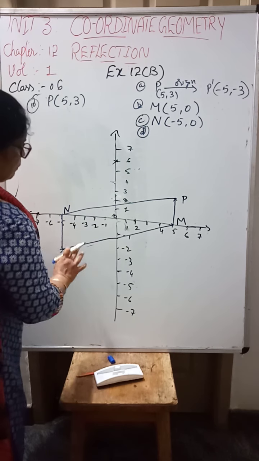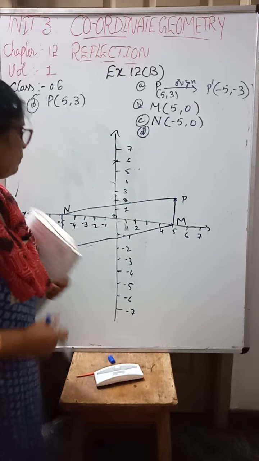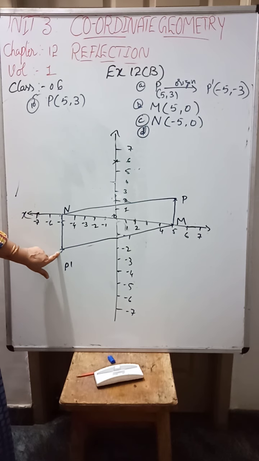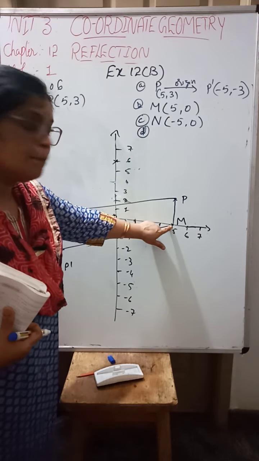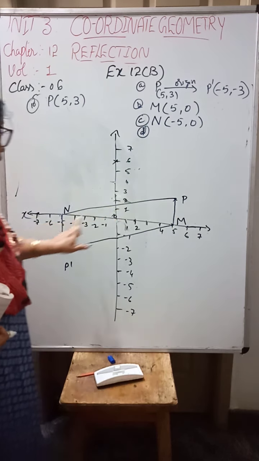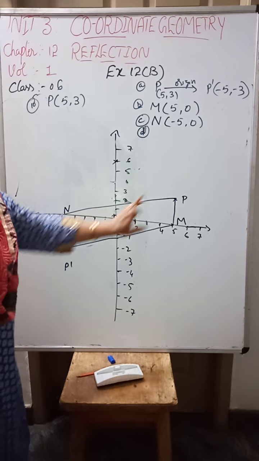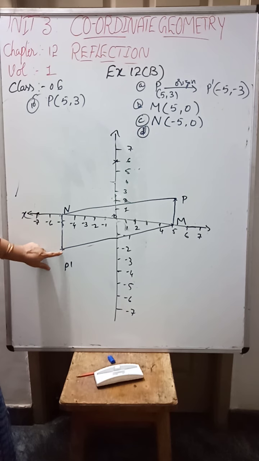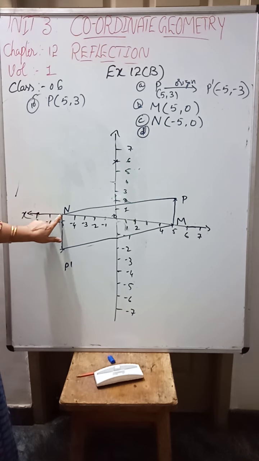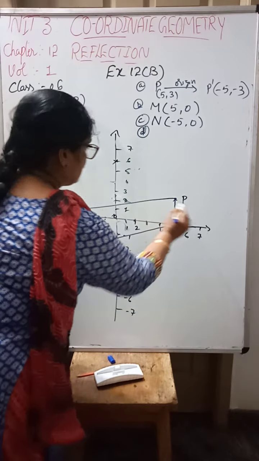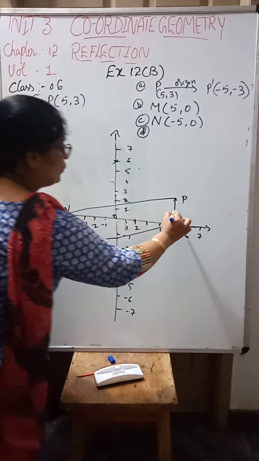This will be a parallelogram because the distance from N to P dash is 3 units and P to M is also 3. Opposite sides are equal and parallel to each other. P dash N is perpendicular to the x-axis and PM is also perpendicular to the x-axis. So both are equal and parallel to each other.